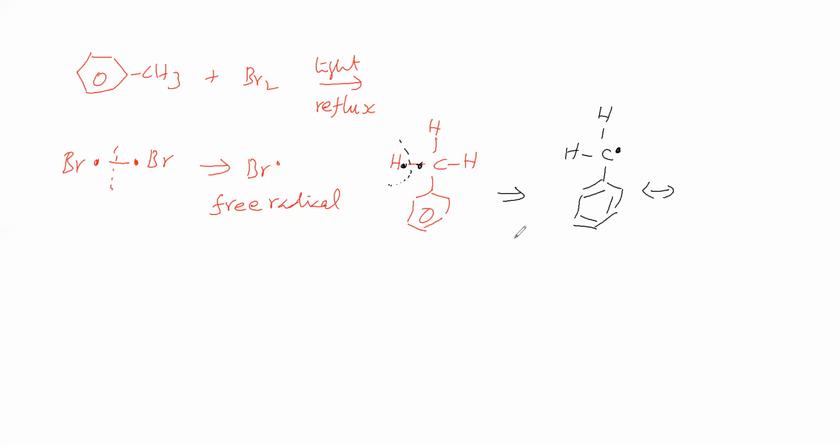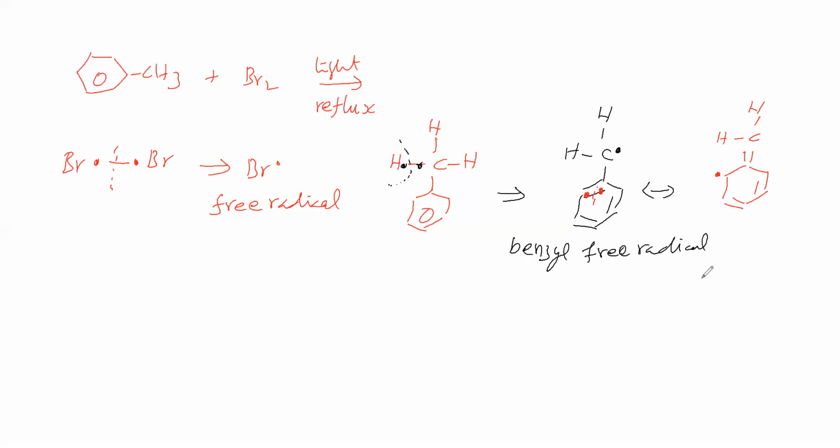This CH2 dot is called benzyl free radical. It is undergoing resonance. That means this bond is breaking, this dot and this dot making a bond. So CH2 double bond, here pi bonds, here dot, free radical. Like this resonance is possible.